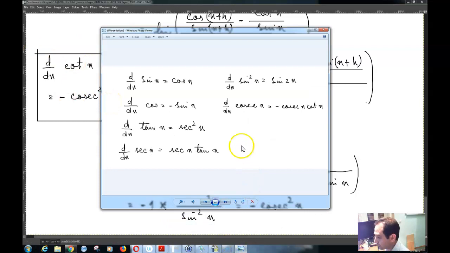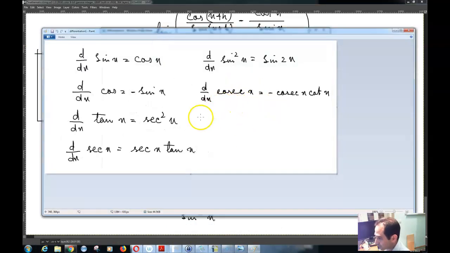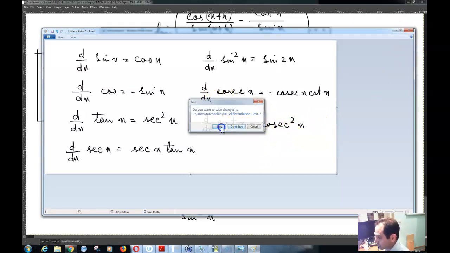So I open this in Paint, for example, and d by dx of cot x is equal to, of course, negative cosecant squared x. So that is that.